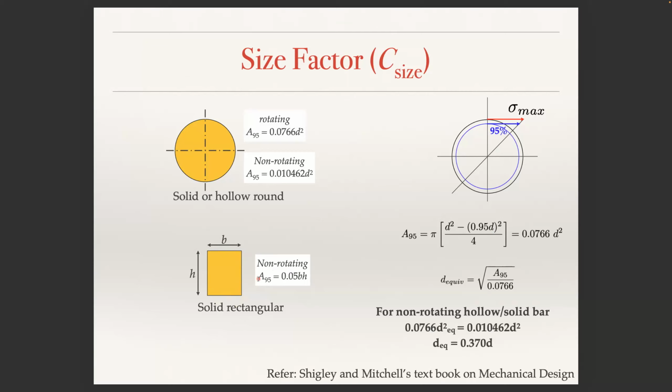So you plug in A95 as 0.05 BH divided by 0.0766, and that will give you the equivalent diameter. If it is a rotating shaft, this is the one. If it is non-rotating, greater than 95% will only happen at the edges, and that will be 0.01046. You can do that computation, and then from there you will calculate D equivalent as 0.370.